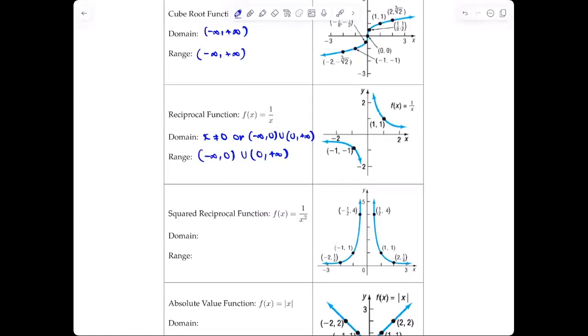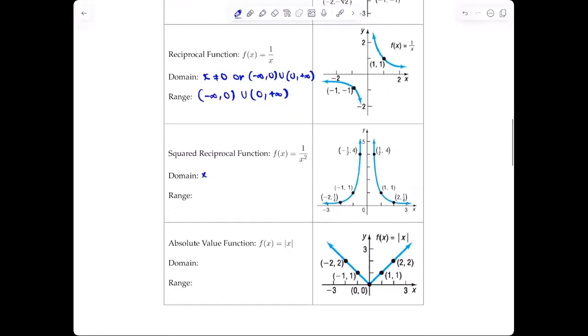So the line right here, going down, approaching the x-axis, the word is approaching. It's not going to touch or cross the x-axis. So therefore, 0 should not be included in the range. So the domain here is x different from 0, or the domain is from negative infinity to 0, union with 0 to positive infinity. And the range is from 0 to positive infinity.